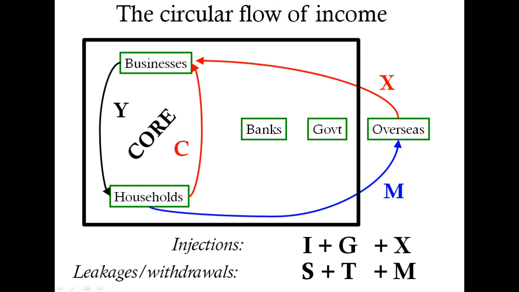They have their own motives, they behave according to their own needs and wants. So it's entirely possible that the amount that's saved could be more or less than the amount that firms would want to invest. There could be an imbalance between domestic savings and domestic investment.